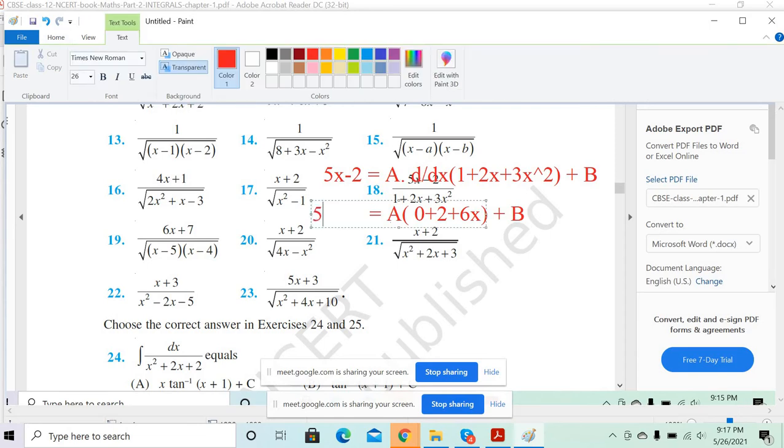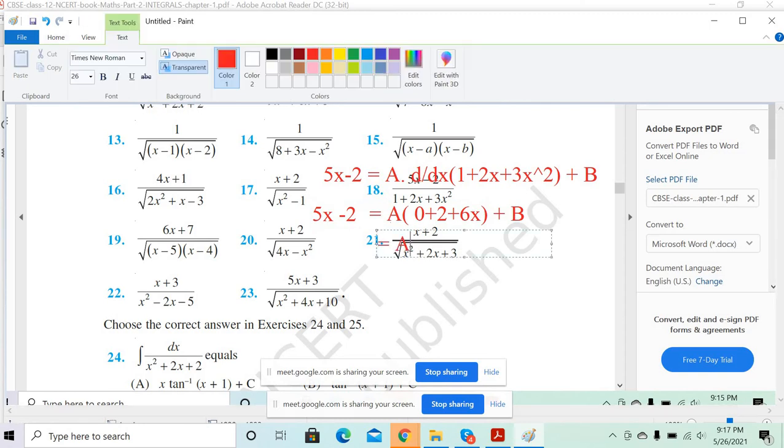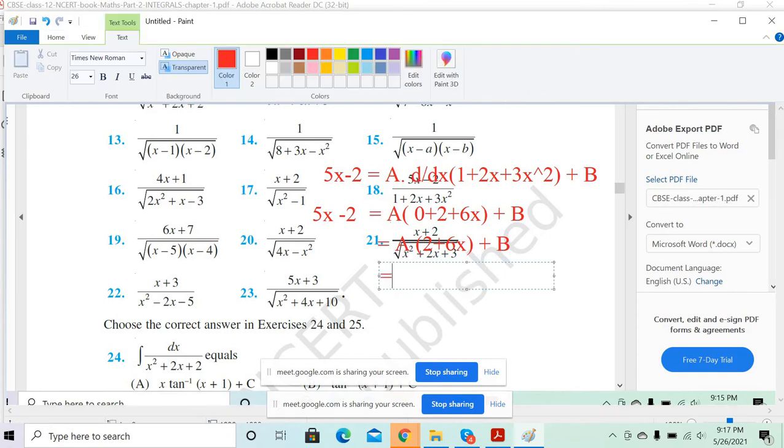So here it becomes 5x minus 2 equals a times the bracket 2 plus 6x, isn't it? Yeah. Plus b. Now let's map it out. So this becomes 6ax plus 2a plus b, right?